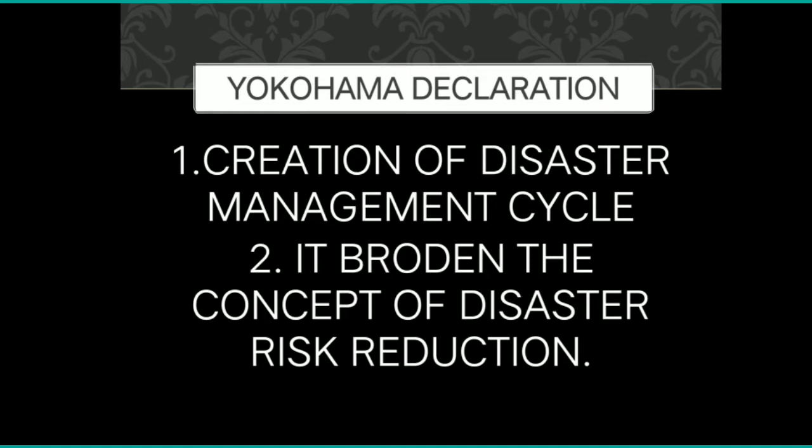So let us discuss the Yokohama Declaration. This was a revolutionary change in modern society, which was adopted by almost all governments in the world. This declaration was enacted in the year 1994.